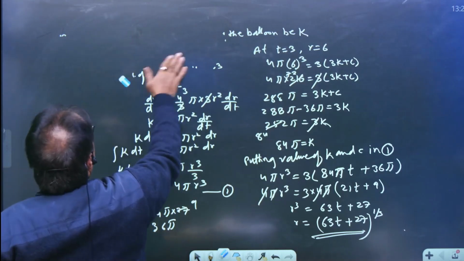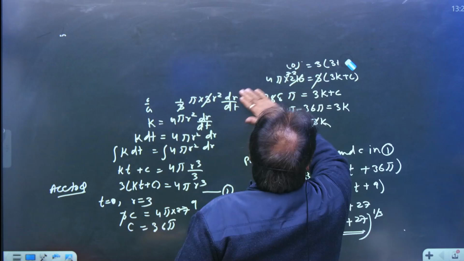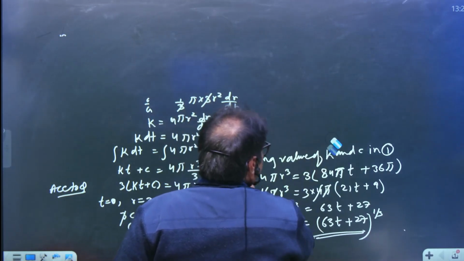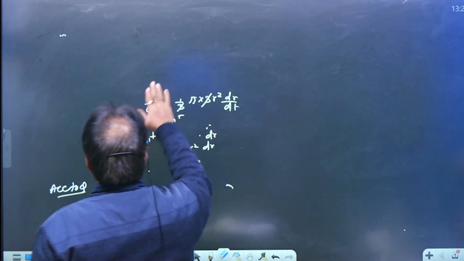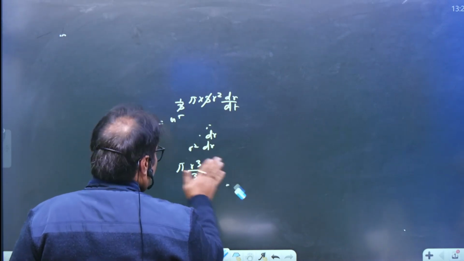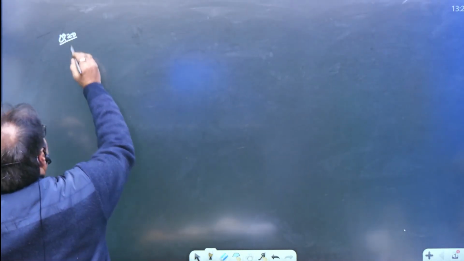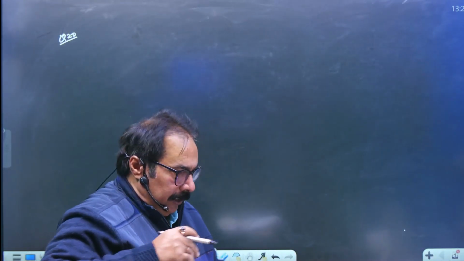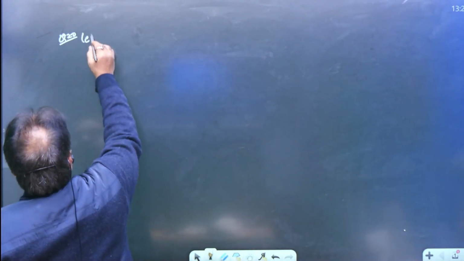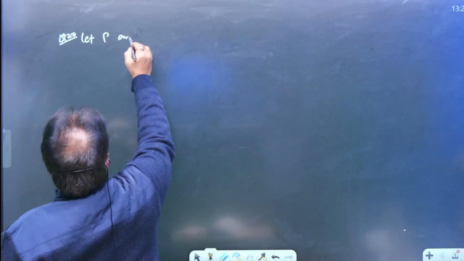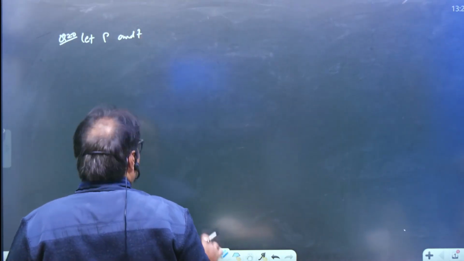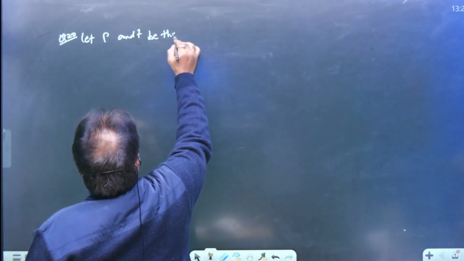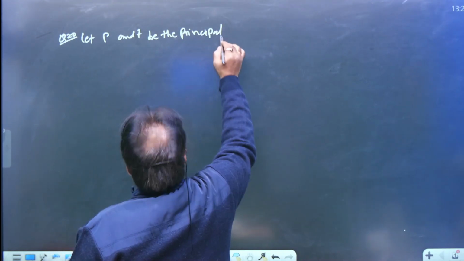Let me erase. Question number 20. So initially, let P and T be the principal and time.